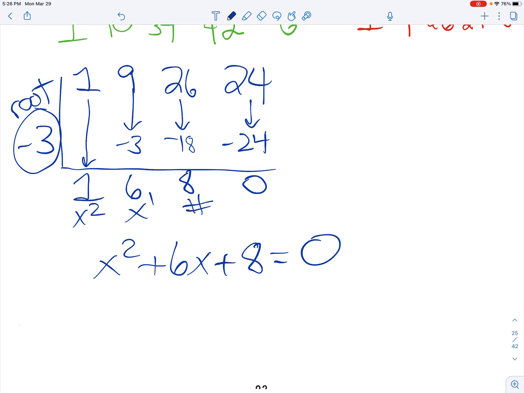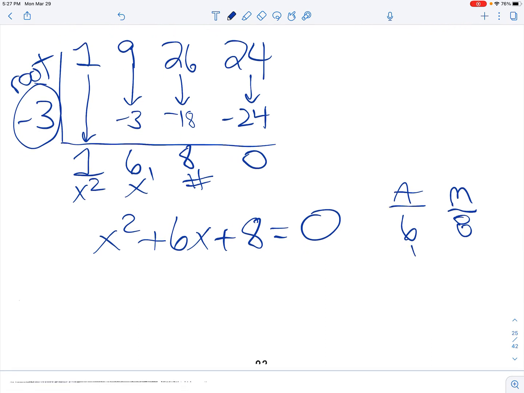Or you could technically do a grouping here, and I think I've talked about that this year. Two numbers that add up to the middle and multiply to the product of the first and last number. If you want to treat this like a grouping, you can.